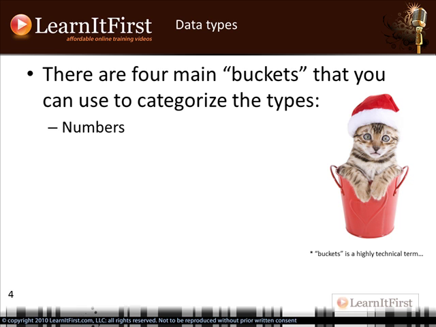You're going to store numbers, you're going to store strings, you're going to store temporal, meaning dates and times, and then everything else. Now, Microsoft obviously is going to have different buckets that they're working from. But this is mentally how I keep track of everything. It's either a number, it's a string, it's some sort of a date time, or it's something else.